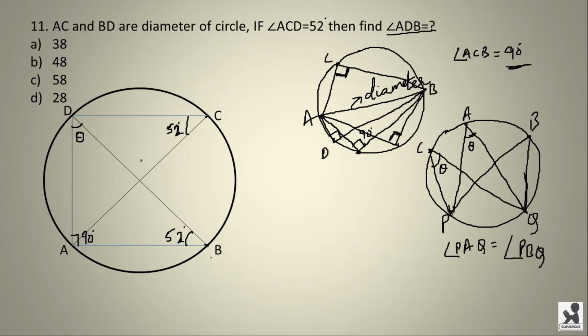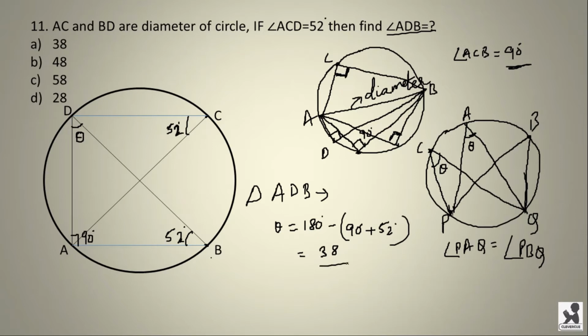So if we consider the triangle ADB, we get that theta is equal to 180 degrees minus (90 plus 52) degrees, which is equal to 38 degrees. So 38 degrees is the right answer. Option A is the right answer.